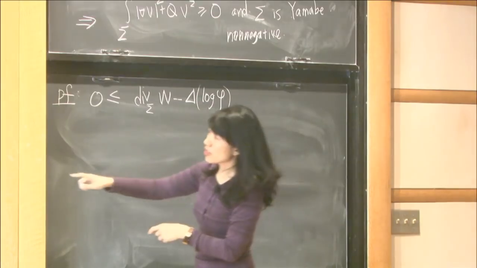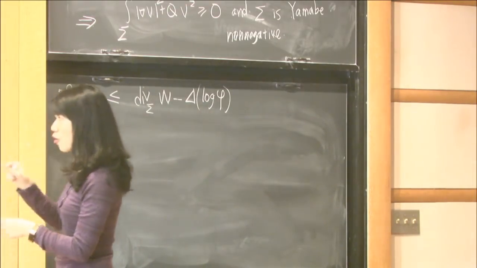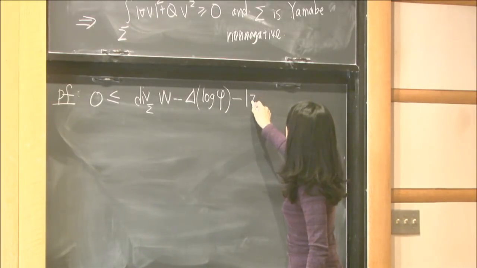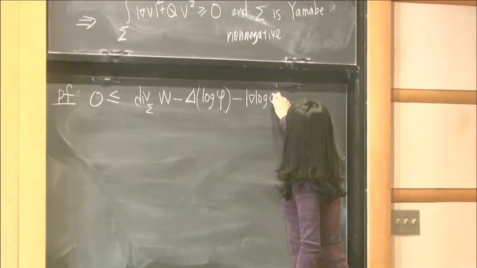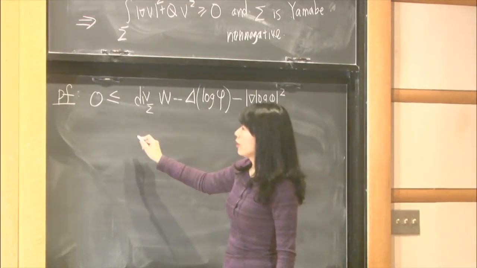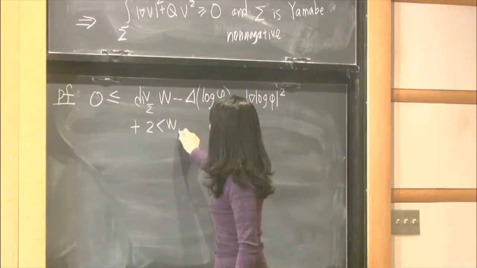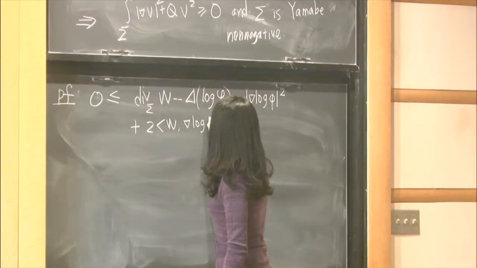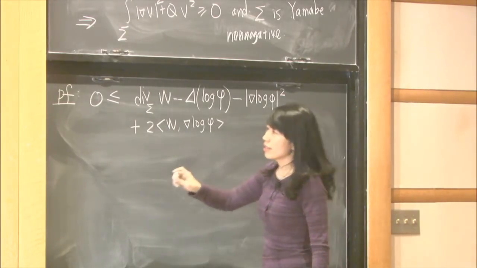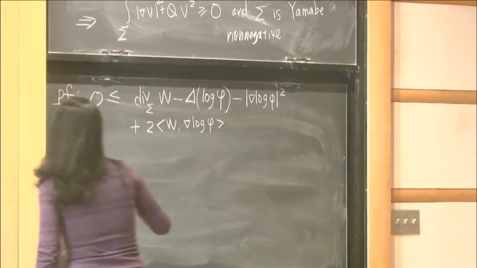So I move the divergence term to the first one, and then I will handle the Laplace phi over phi, and I replace it by the log phi term, and there's a difference. And then there's the remaining term, this one.